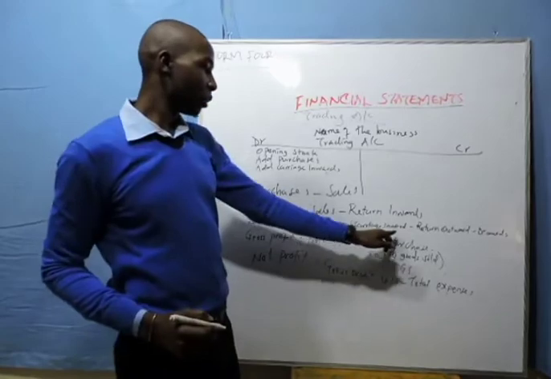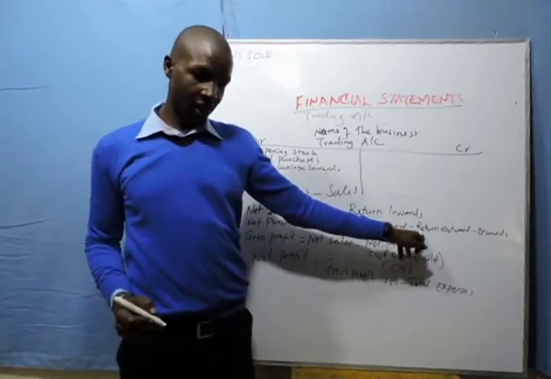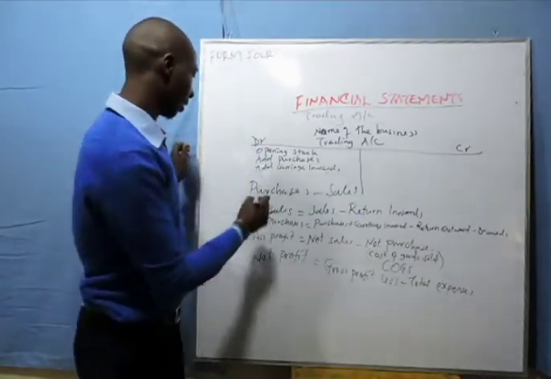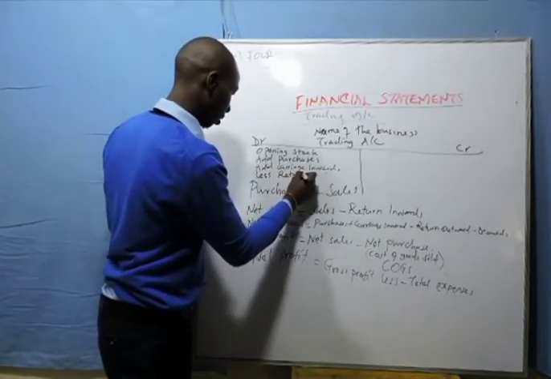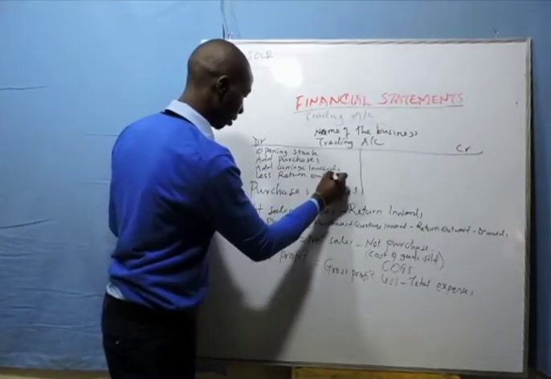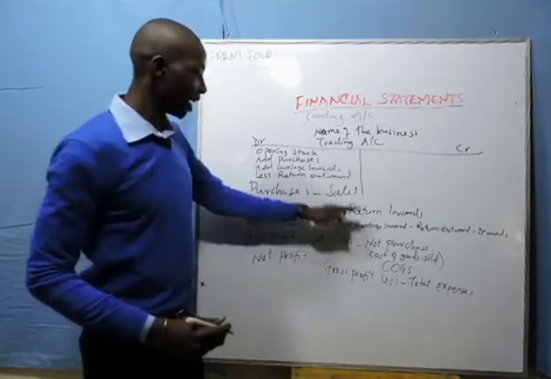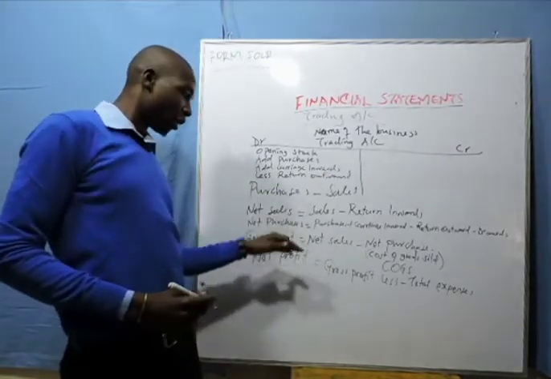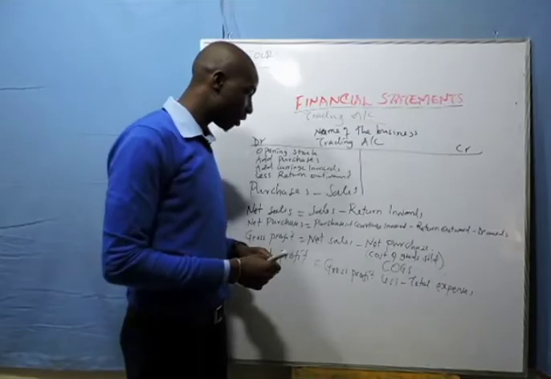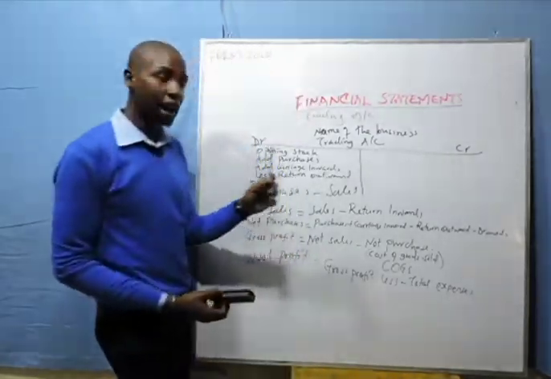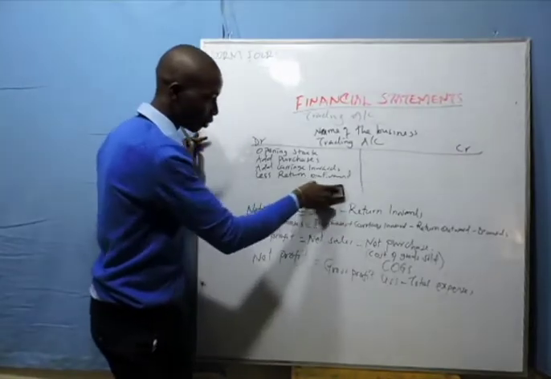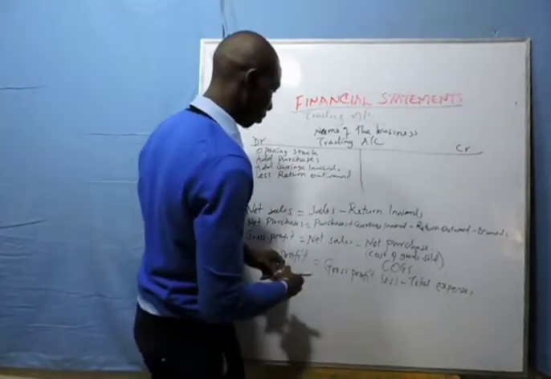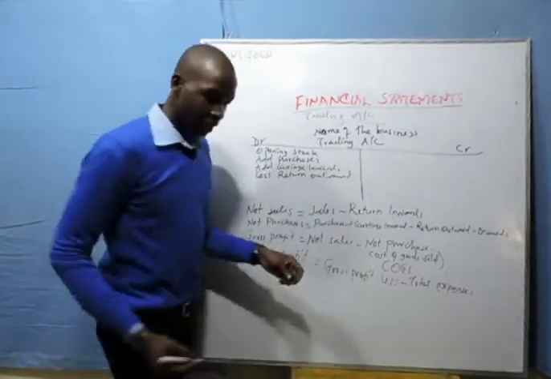Then what are we doing? We less return outwards. Up to here, now that this has been of benefit to us, allow me to delete this so that we can continue having more space to write.